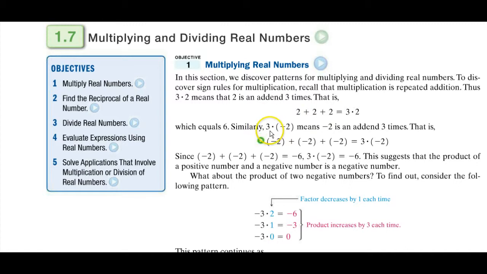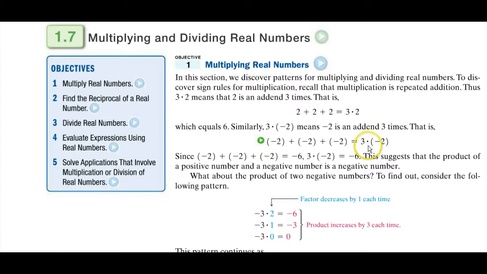Similarly, when we have 2 times a negative 2, this means that negative 2 is added 3 times, and you end up with a negative 6. So as we see here, if we're multiplying numbers that are both positive, that gives us a positive.